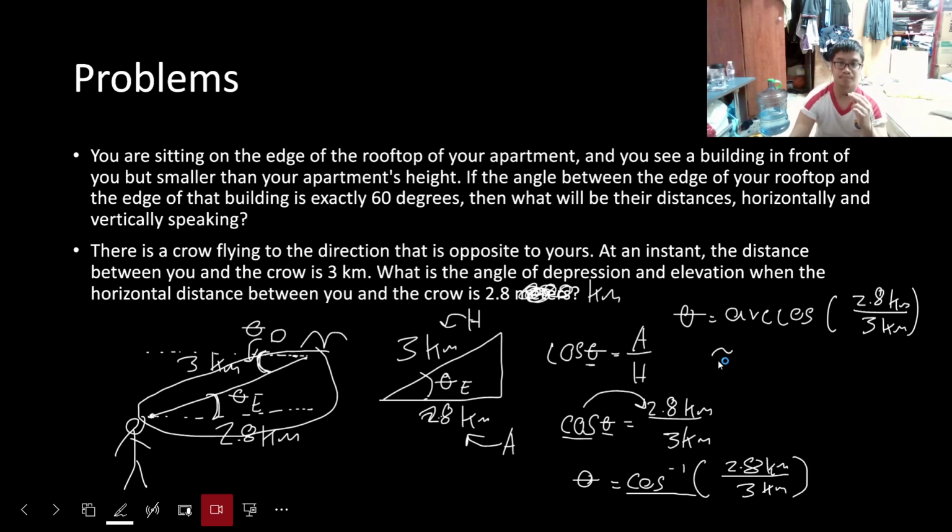That's it. Now we can get the answer. The inverse cosine of 2.8 divided by 3, at two decimal places, is approximately 21.04 degrees. And that's the answer.